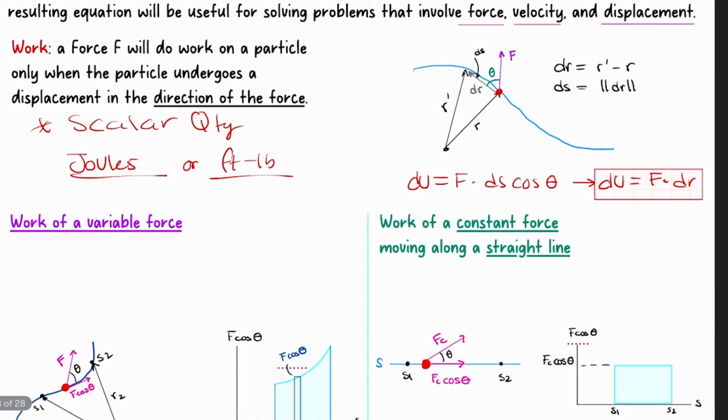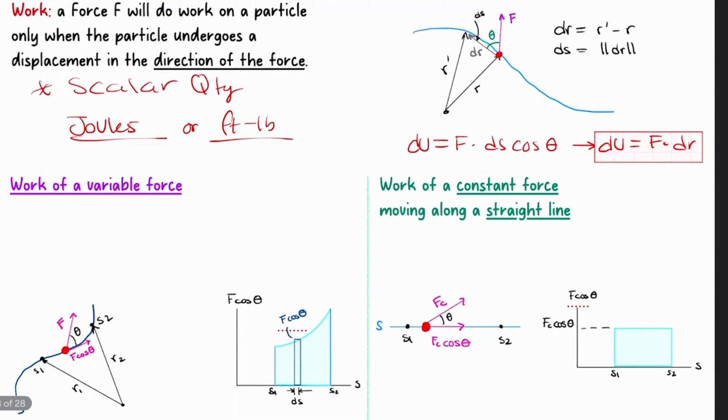So work of a variable force will be the following. We have the work done from state 1 to state 2. That's how we define it. It's equal to the integral from r1 to r2, right?